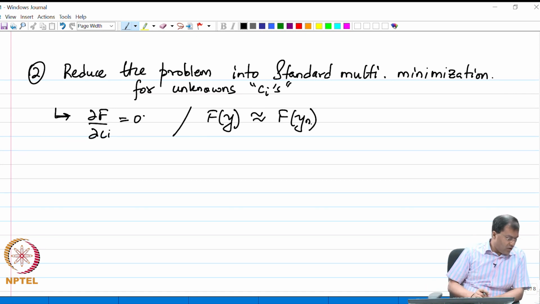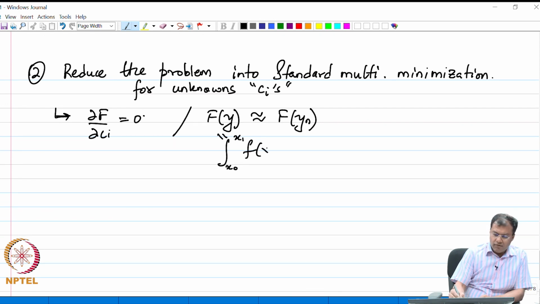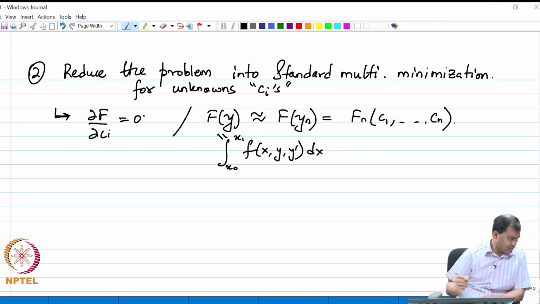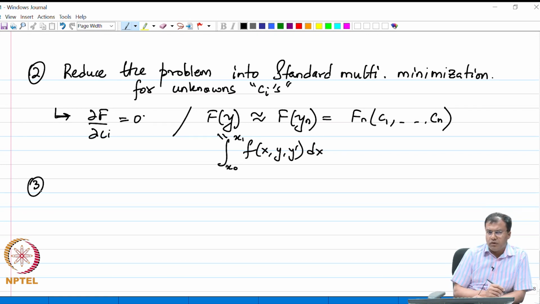This quantity to begin with was an integral, a functional, and this is now a function of the variables C1 to Cn.